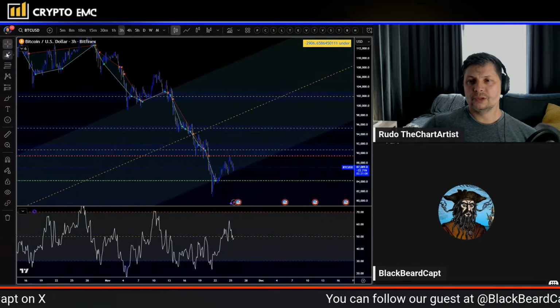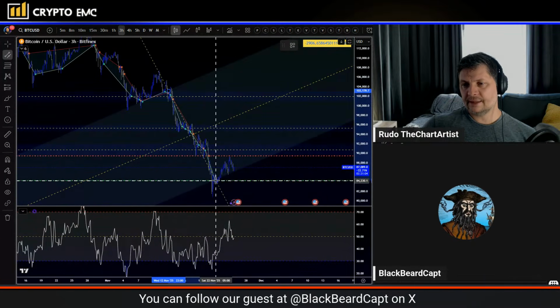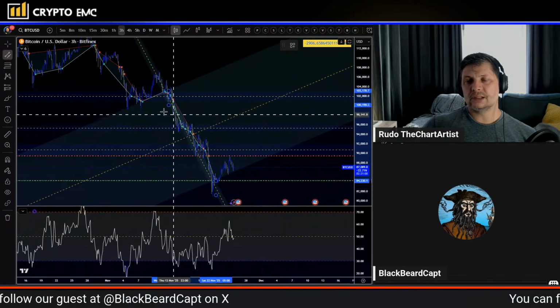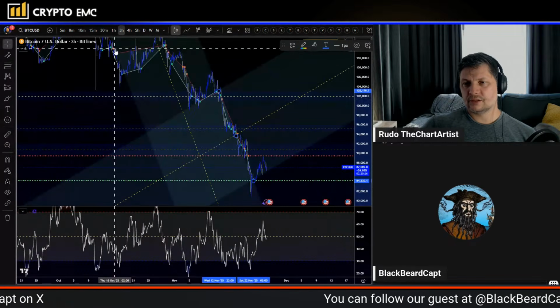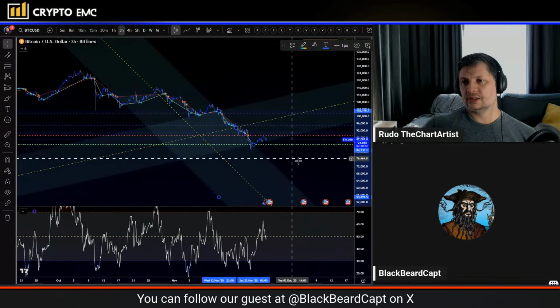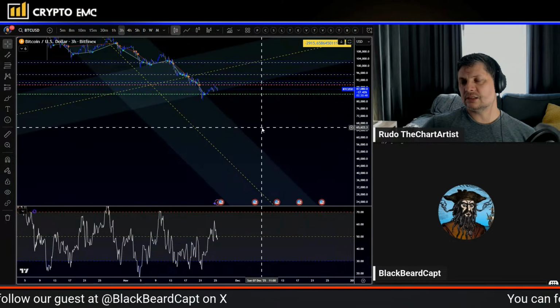So I will use this, like you say, in a similar fashion: draw that and start looking at areas where resistance could potentially start kicking in. So looking for a cluster of nodes, there's a cluster of nodes, and if we fall back into that range in the future, price could potentially hit these targets.